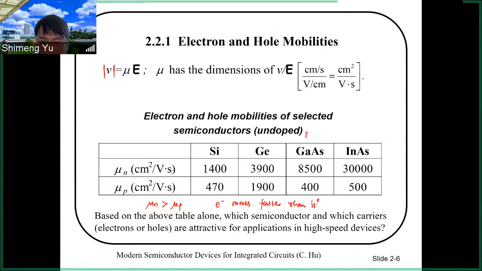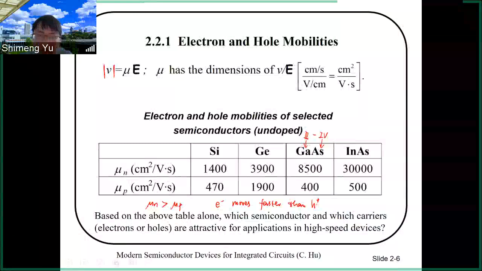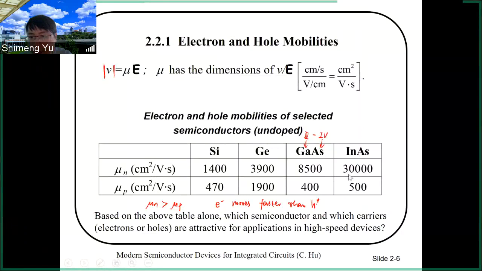Because gallium is a group 3 element, and arsenic is a group 5. So this is called 3, 5 semiconductors. In the 3, 5 semiconductors, typically the electron mobility will be very high. For example, in indium arsenide, the electron mobility can be up to 30,000. So this is very fast for electrons.